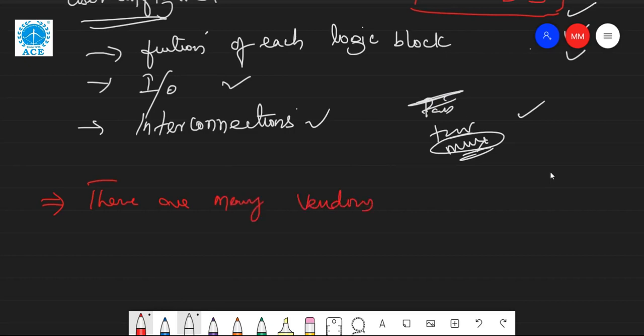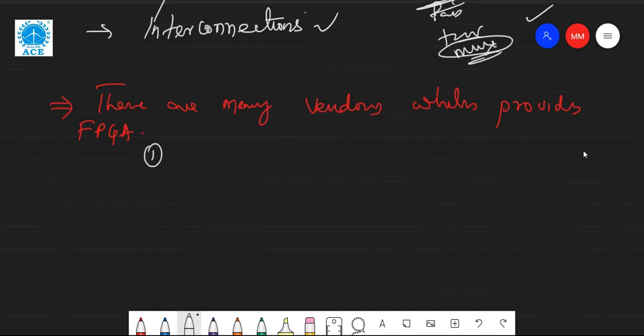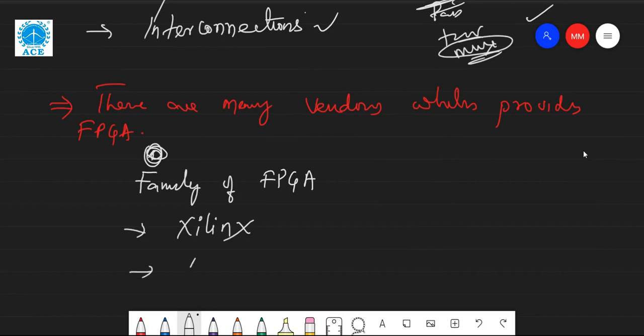For example, if I take the FPGA family, we have Xilinx, then Actel, then Altera, and so on.